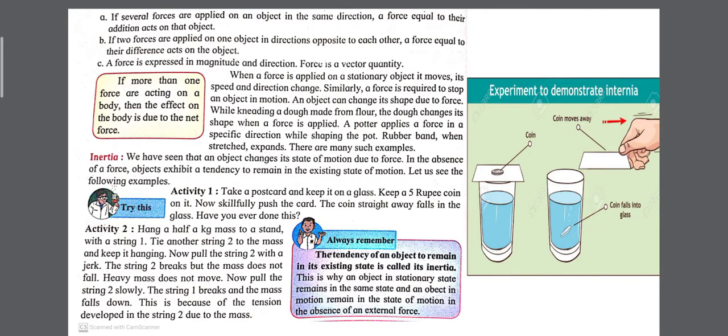So now come to the point inertia. First see what is inertia. The tendency of an object to remain in its existing state is known as inertia. Means, in a simple way, the physical force that keeps things where they are or keeps them moving in the direction they are traveling.